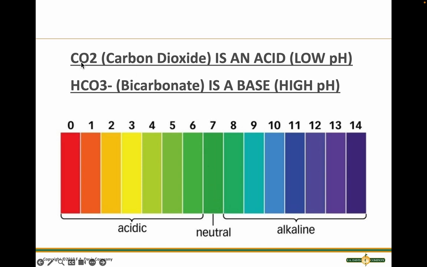So remember that carbon dioxide is an acid, so more carbon dioxide pulls us lower. It brings the pH lower, whereas bicarbonate is a base, and that would bring our pH higher, right? Because this is more basic, otherwise known as alkaline, so closer to 14, or further away from 14 as well. You could think of it that way.